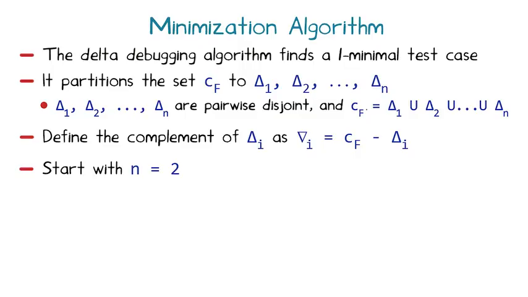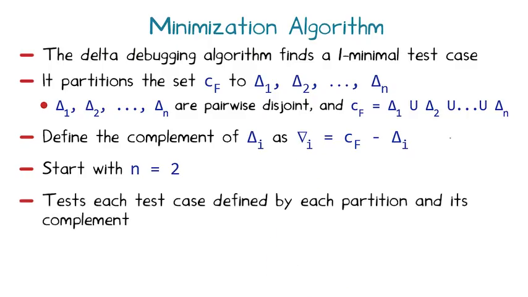We use capital deltas here to represent subsets of CF instead of individual changes in CF. We also use nabla, the upside down capital delta, to represent the complement in CF of each capital delta. In other words, all the changes in CF which aren't in delta I are in nabla I. The algorithm then applies the test function to each delta I and to each nabla I.